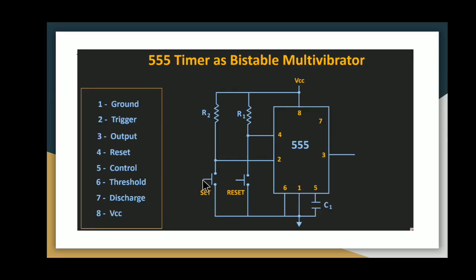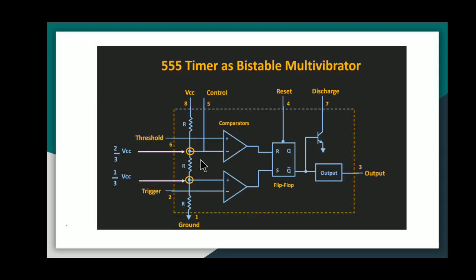When the set pin is pressed, pin number 2 is connected to the ground terminal. Pin number 2 means the trigger pin. And since the trigger pin is connected to the ground terminal, the trigger voltage in comparator 2 will be lesser than the reference voltage of comparator 2.